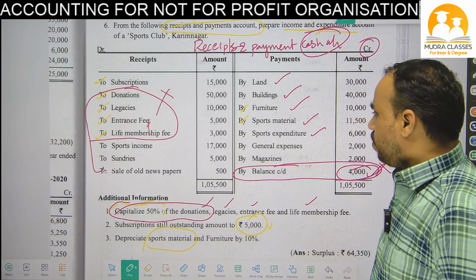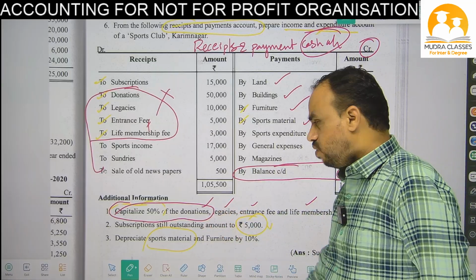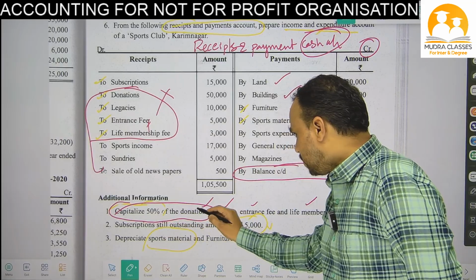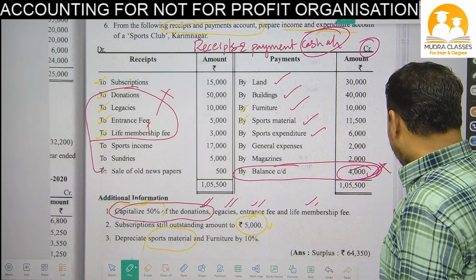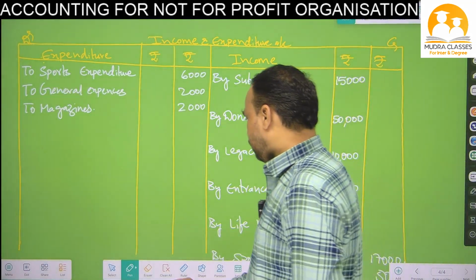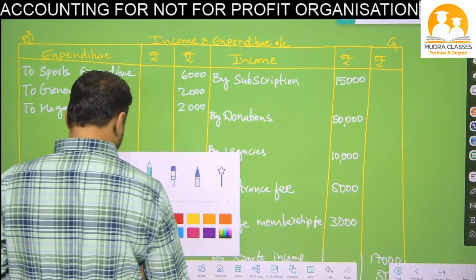Okay, now one by one we will see the adjustments. What is said? Capitalize 50% of the donation, legacies, entrance fee and life membership fee. So how to do? Simple, Nana.